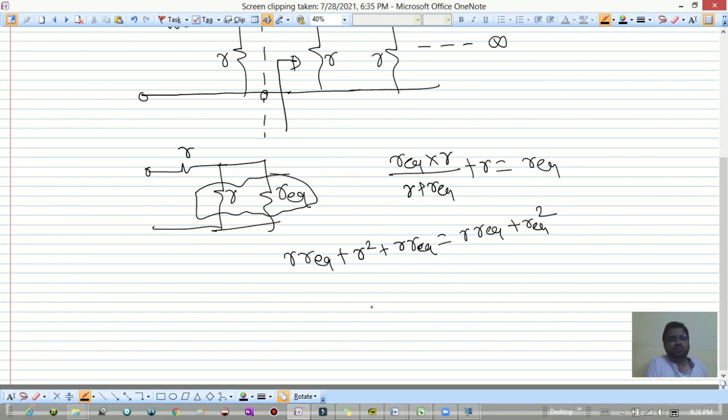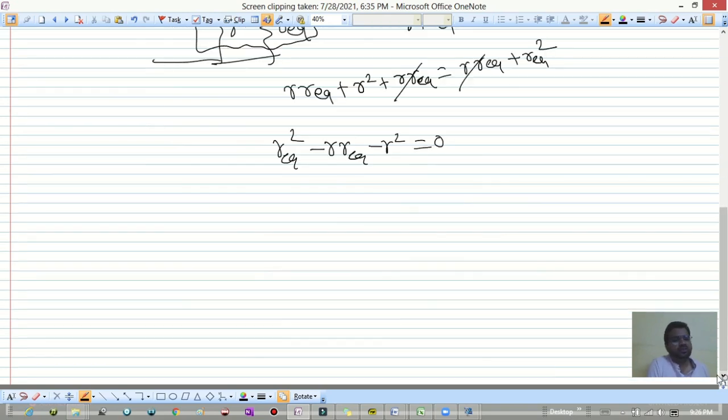So now if you solve this, you will get this R equivalent cancelled. So it is R equivalent squared minus R into R equivalent minus R squared is equal to 0. So this is the quadratic equation in R equivalent.